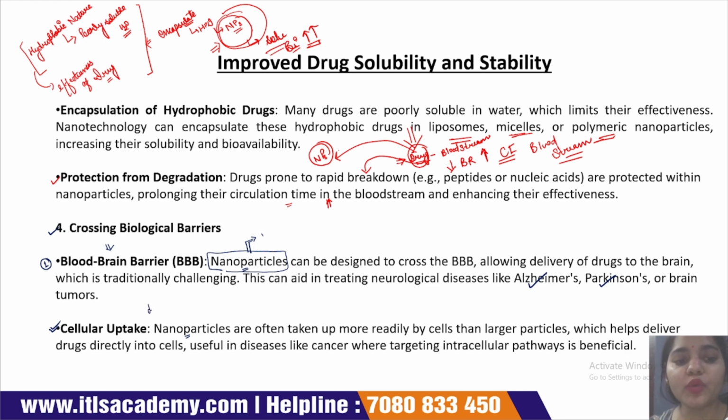Because whenever we use liposomes for a drug delivery system, the composition of the liposome and the composition of the cell membrane are similar. That's why the cell membrane easily absorbs the liposome, and this is helpful for targeted drug delivery directly into target cells such as cancerous cells.